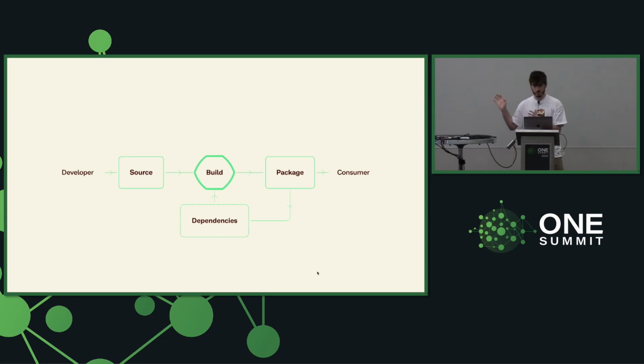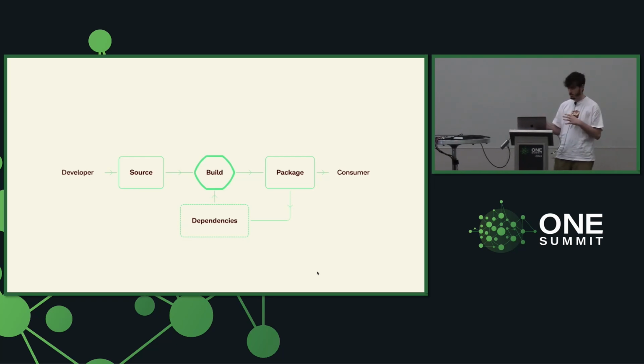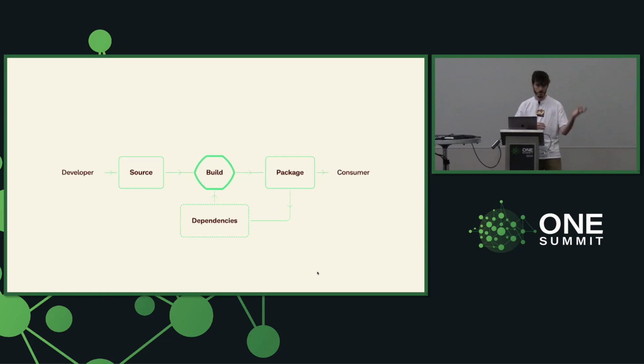So this is the software supply chain, just to have a common base. It breaks down the way that code works. You have a developer, he uploads his code to source control, builds it, packages everything. It's pretty self-explanatory.